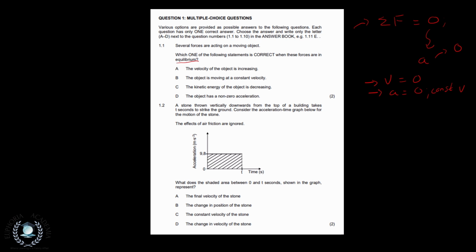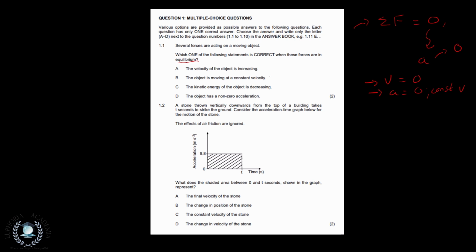All right, so let us see which one of these conditions we're given. The velocity of the object is increasing. Well, that's the definition of acceleration, so no, the sum of forces will not be equal to 0. And then the object is moving at constant velocity. Well, that is one that we have, but let's continue reading.